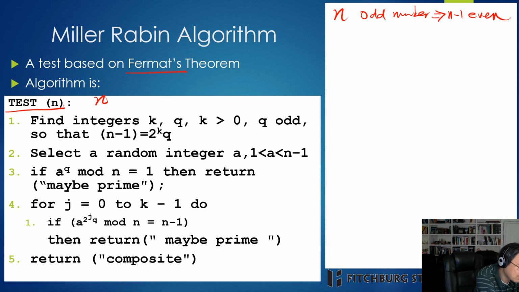So if it's an even number, then we can find the factor 2. So let's assume that we can write n minus 1 in the form 2 to the k times some q, and q is odd.